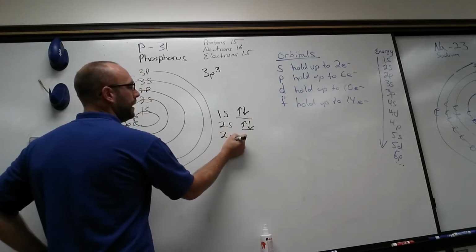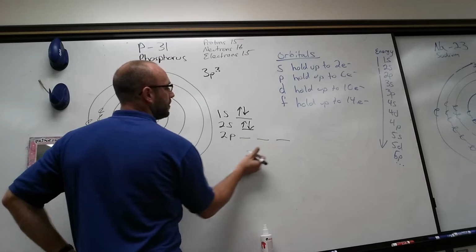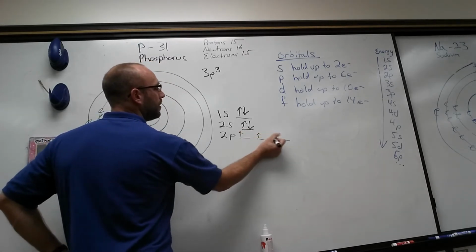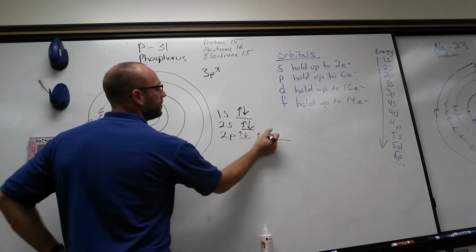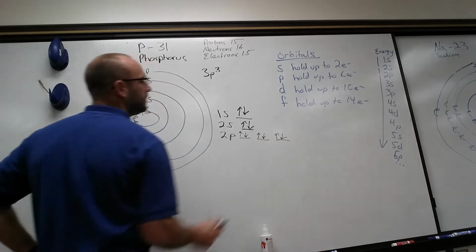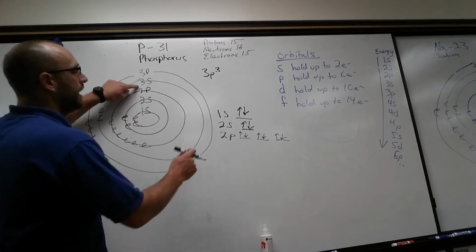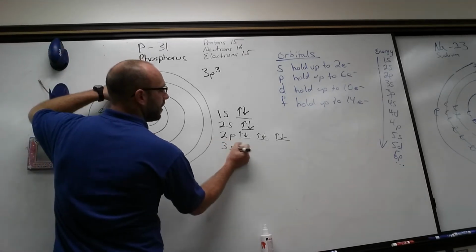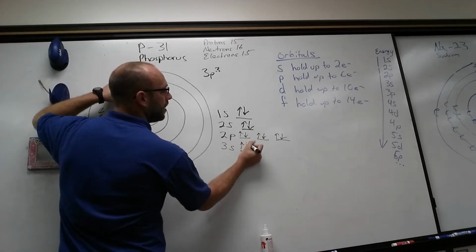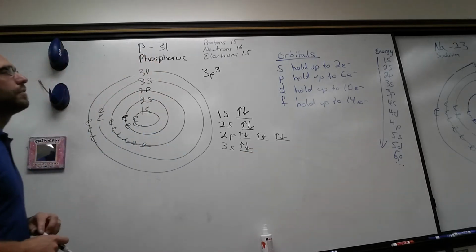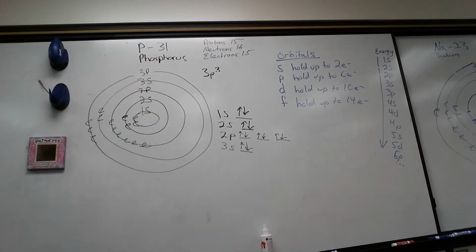And then 2p, up, up, up, down, down, down. Now I'm at 10 electrons, trying to get to 15. 1s, 2s, 2p, 3s is next. And now I'm at 12. I need 3 more electrons.